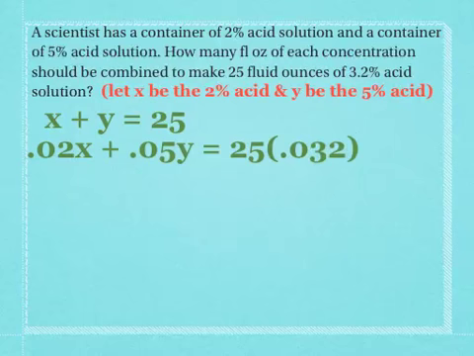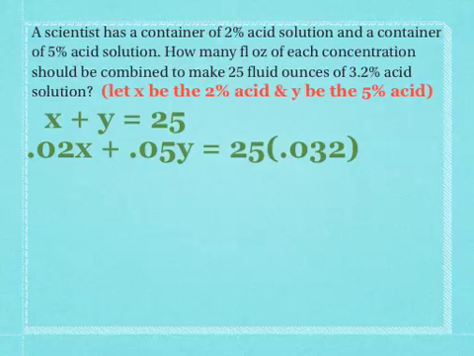Then I'm going to have 0.02x. That's where I've changed my percent to a decimal. That's the percent of acid that the x solution is, plus 0.05y. 0.05 is 5%. That's the percent of acid for the y solution.